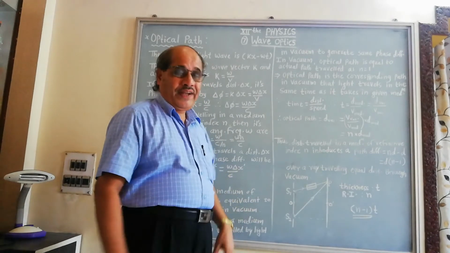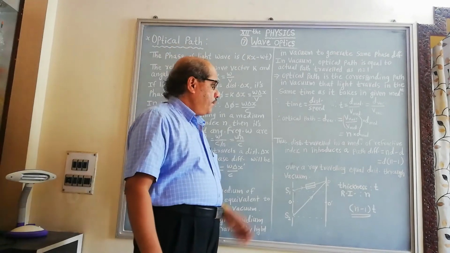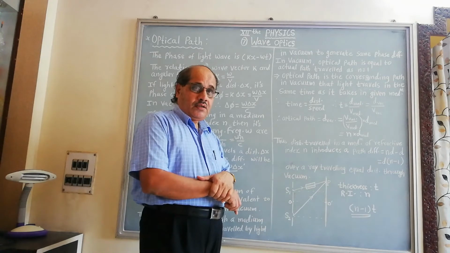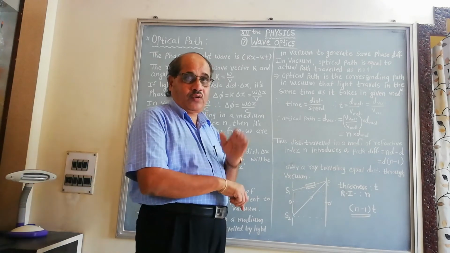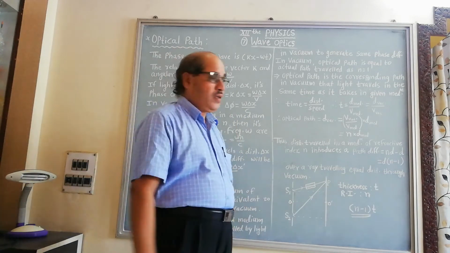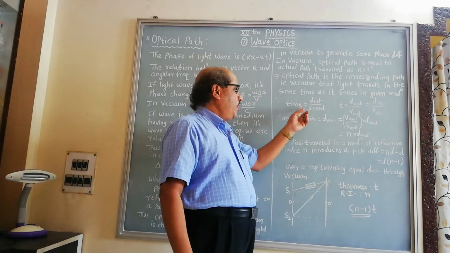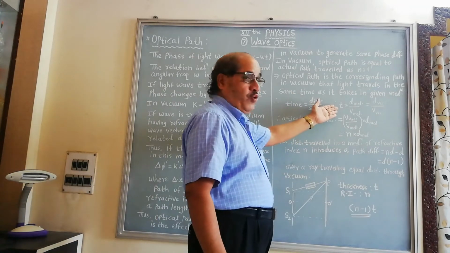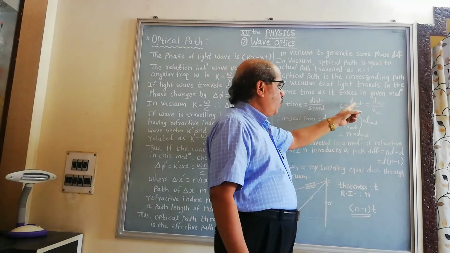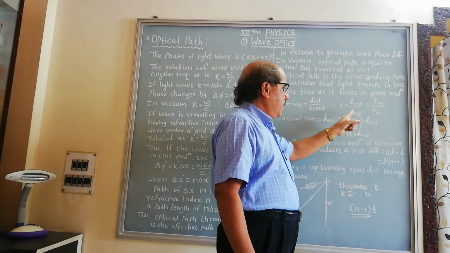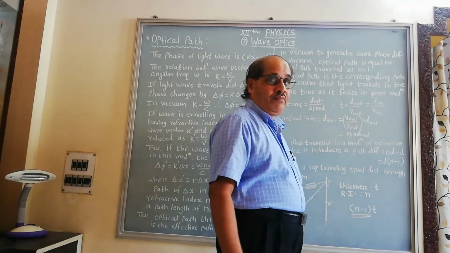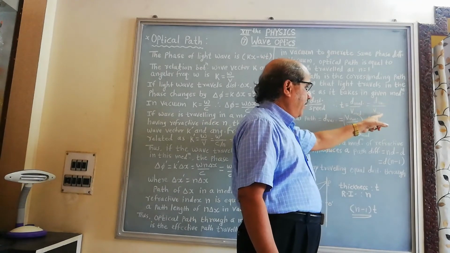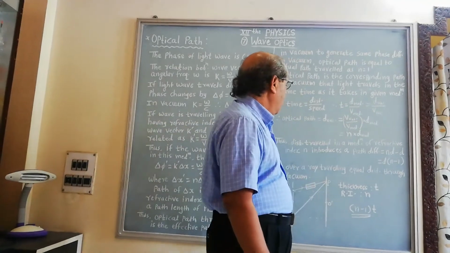Therefore, we can write by the definition of speed. As we know, speed is equal to distance upon time. Therefore, time is equal to distance upon speed. Therefore, time t is equal to distance in medium divided by speed in medium, that is same as distance in vacuum divided by speed in vacuum.